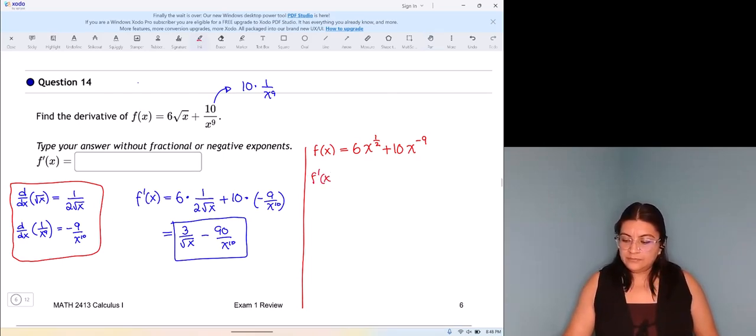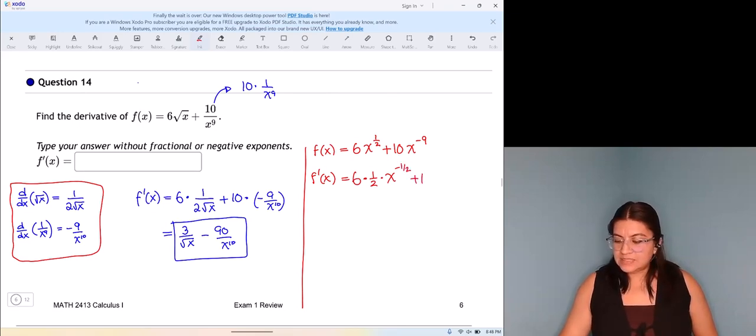The derivative is 6 times 1/2 times x to the 1/2 minus 1, which is negative 1/2, plus 10 times negative 9 times x to the negative 9 minus 1, which is negative 10.